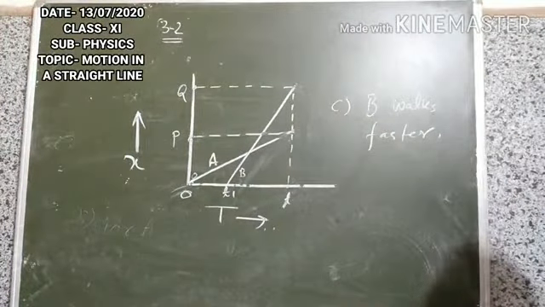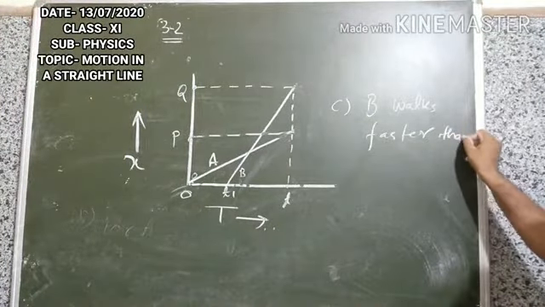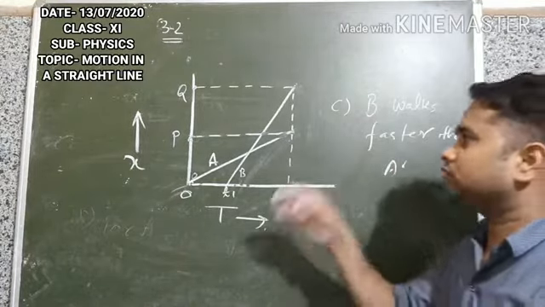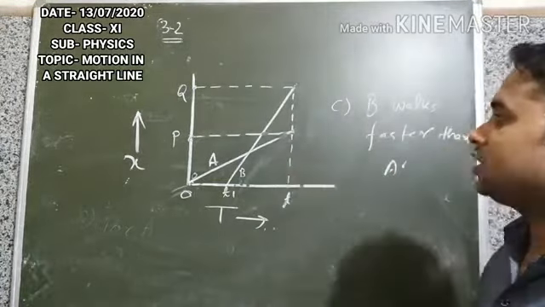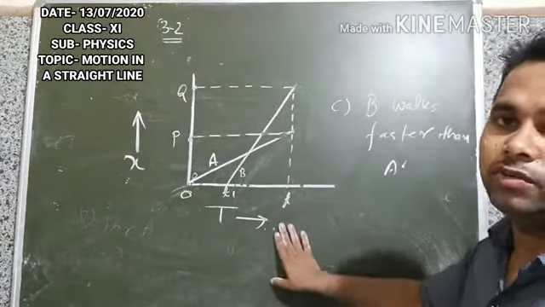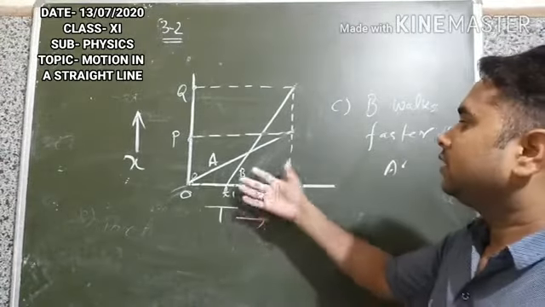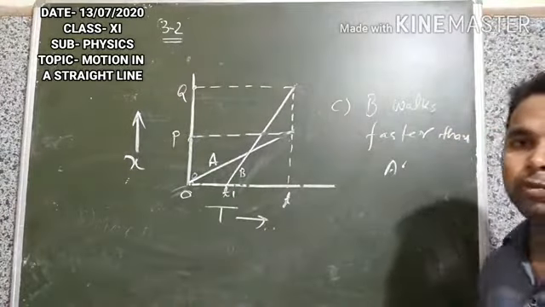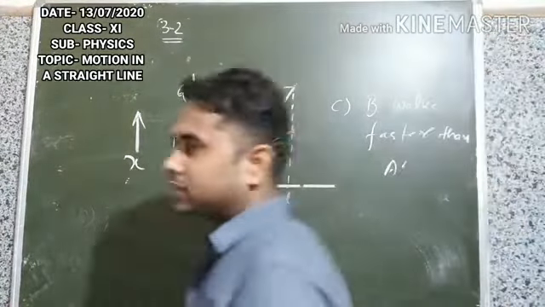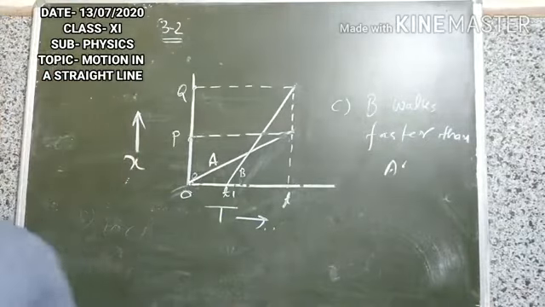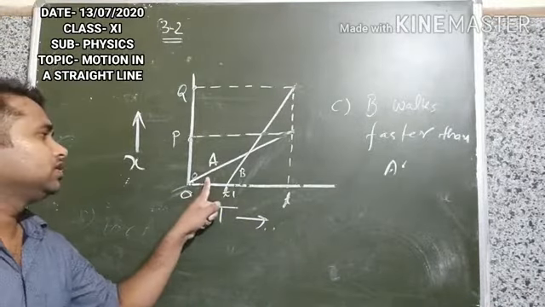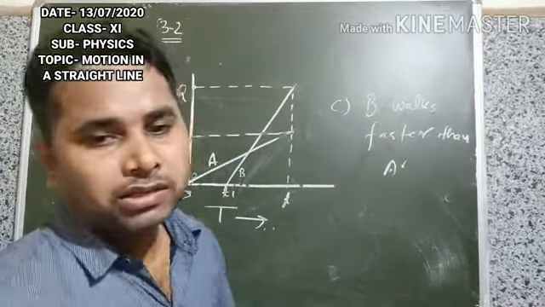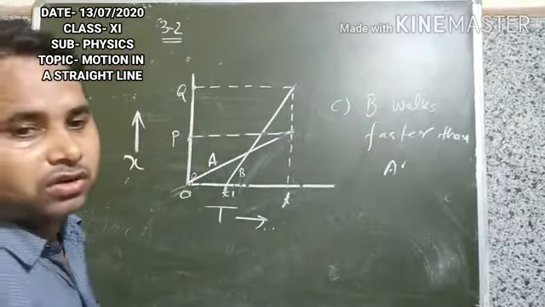B walks faster than A. कैसे चेक कर लिया? या तो चेक करो टाइम चेक करके, बट यहाँ पे न्यूमेरिकल वैल्यू कुछ दी नहीं हुई है, so we can check the speed of A or B by slope of the graph. See here, the slope of the B is much greater than the slope of the first, so B walks faster than the A. Second question, number D.